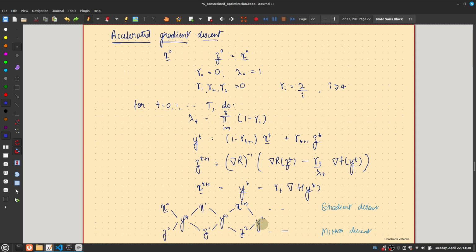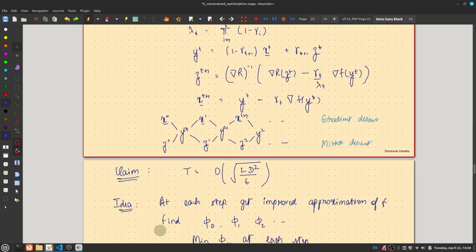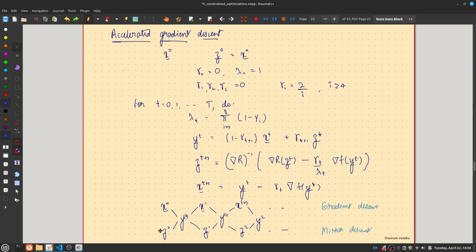And you have another sequence zt, which follows a mirror descent type of algorithm. Right? And in general, it's difficult to give the intuition behind accelerated gradient descent. But nevertheless, we'll try to interpret the behavior of accelerated gradient descent in today's class.